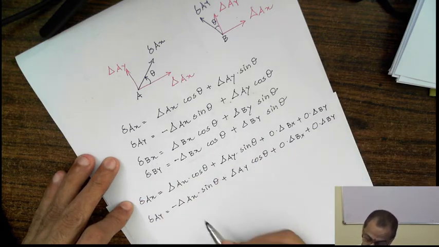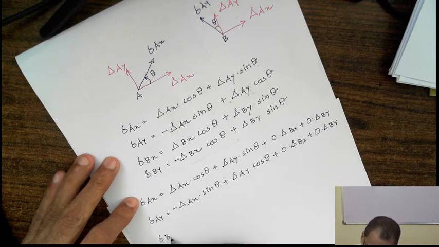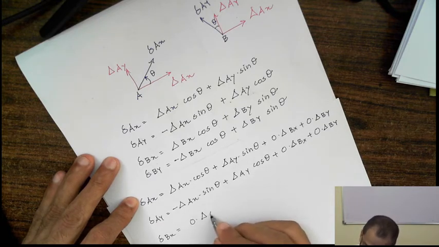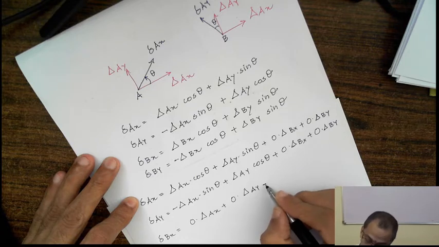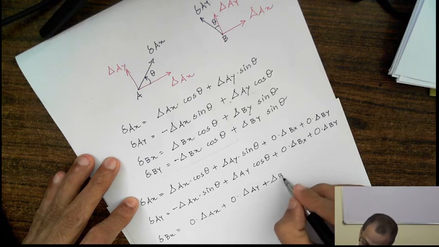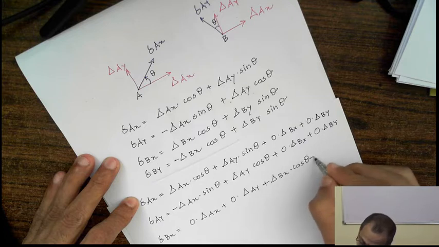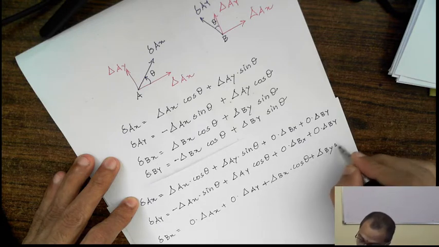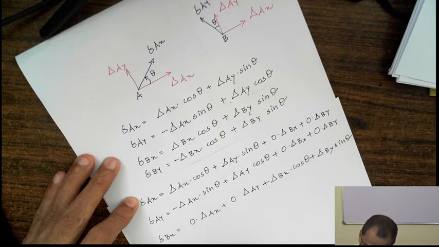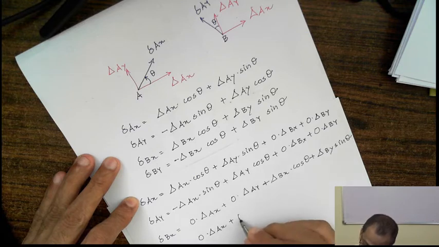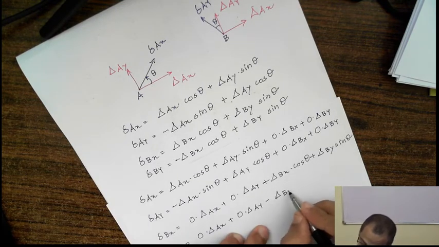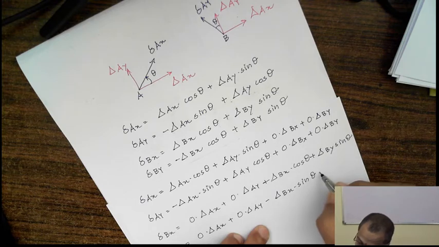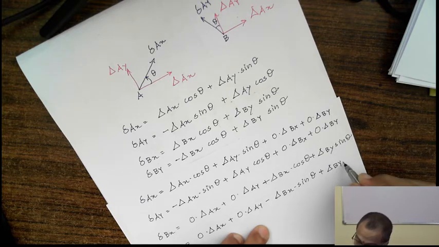Now del BX is equal to 0 delta AX plus 0 delta AY plus delta BX cos theta plus delta BY sin theta, and last one del BY is equal to 0 delta AX plus 0 delta AY minus delta BX sin theta plus delta BY cos theta.